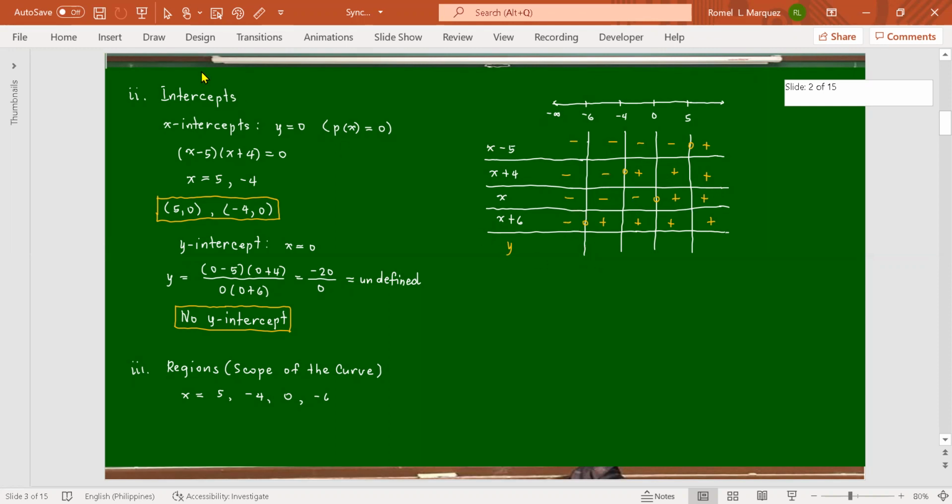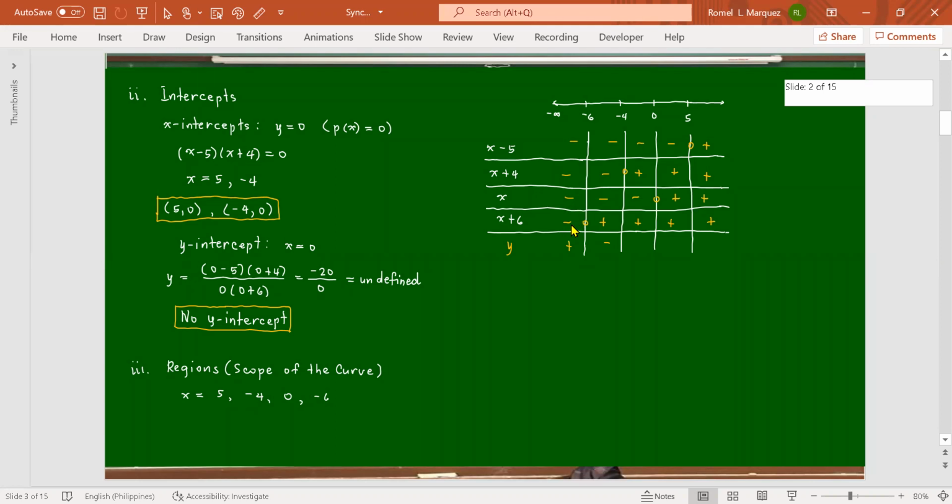What's the quotient? When we divide this product by the product of that, negative, negative, positive over negative, negative, so positive. Am I correct, children? We are dividing factors: in the numerator, positive, because we multiplied negative, negative.